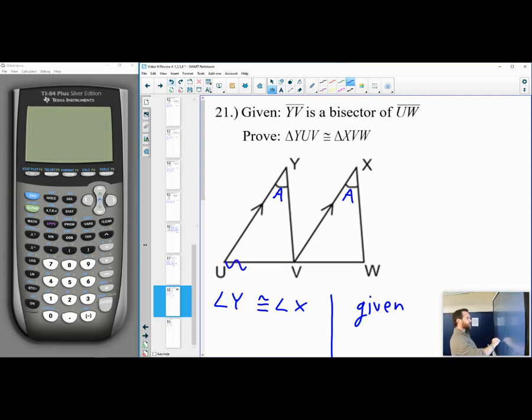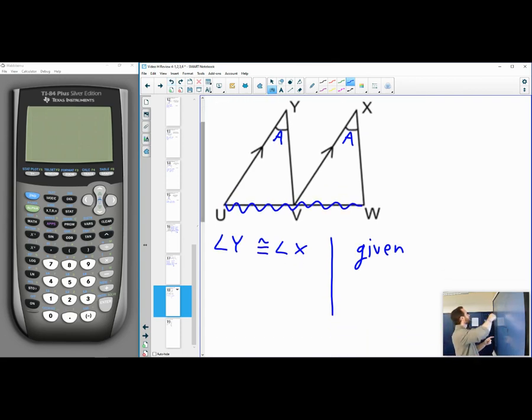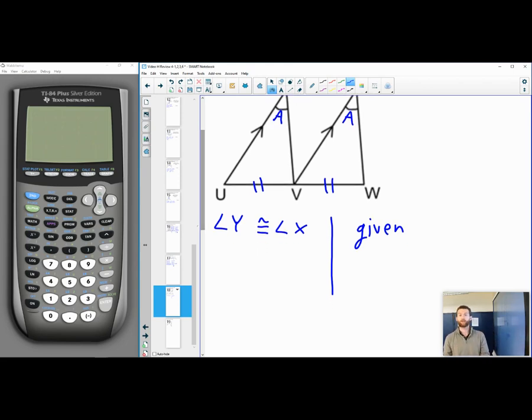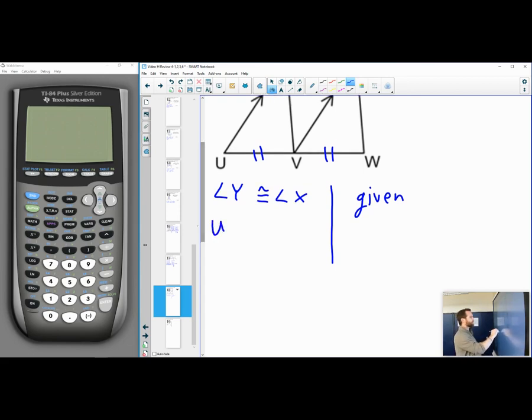So if segment UW is being cut perfectly into two congruent parts, that tells us this half is congruent to that half. So we can add those markings in because the directions told us that segment YV was a bisector. So we can say segment UV is congruent to segment WV because of the definition of bisector.